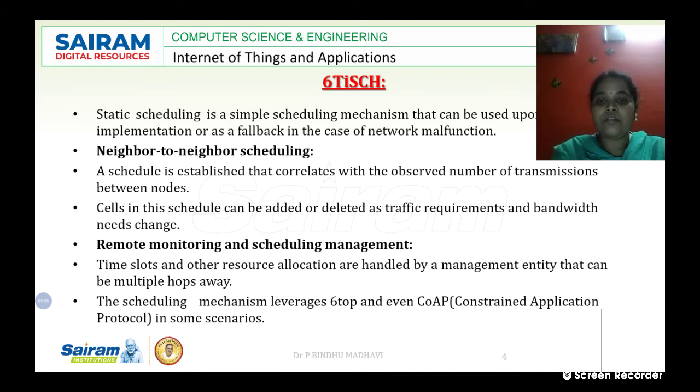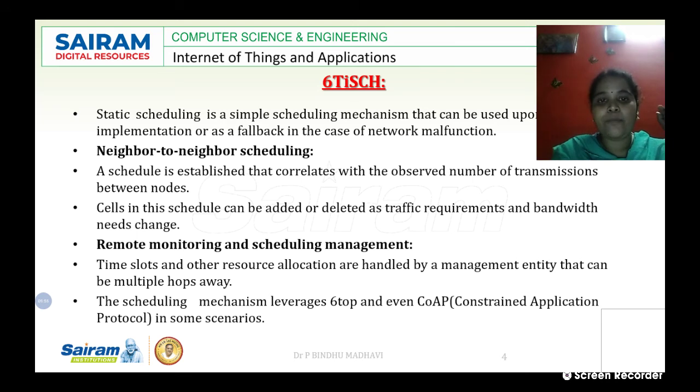As per the correlation required among the pair of nodes, the scheduling will be established. Cells or frames will be added or deleted as per the traffic requirements and the bandwidth that needs to be applied. So I can say it is a dynamic kind of scheduling, because as and when it is required for transmission, the task will be initiated.